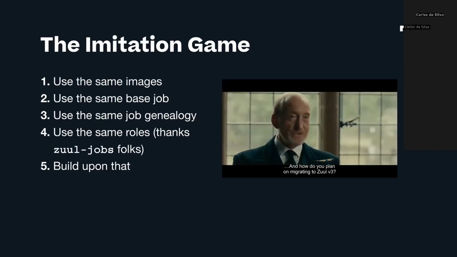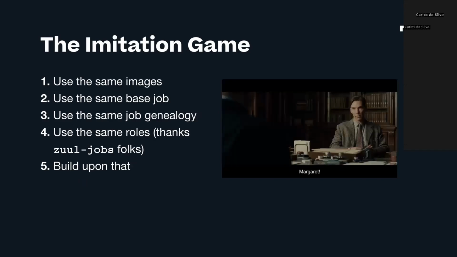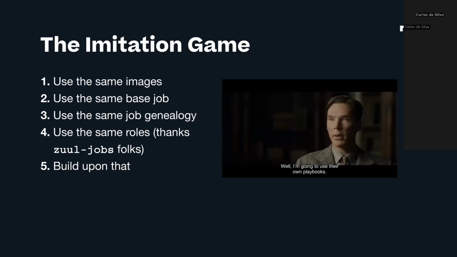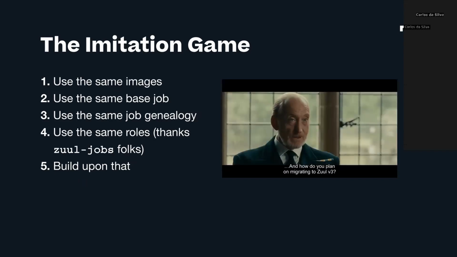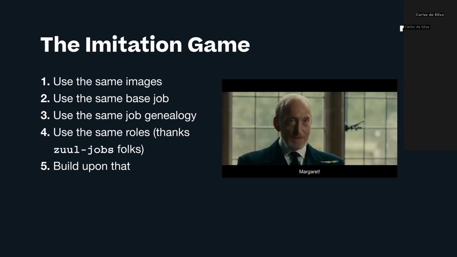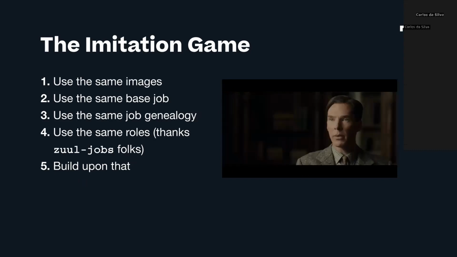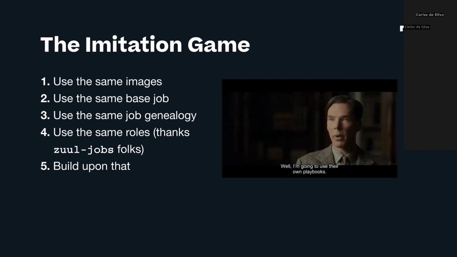And the process of using this strategy went like this: the first step was to replicate the same images that were being used by OpenDev, and then the same base job, which does a lot of important stuff, and then the rest of the job structure, job genealogy, using the same roles, because we're going to use very similar playbooks. They're going to call the same roles, and we just build upon that.